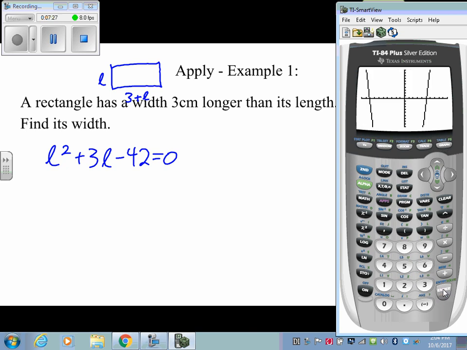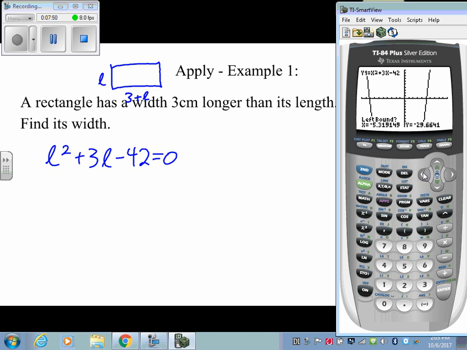Now, I can't see my vertex on this graph, but I can see the two spots where the parabola would be crossing the x-axis, which would be my two solutions or zeros. So I'm going to look for those using second trace. I would like to select choice 2, which is my zeros. Press enter. It asks for a left bound, so I'm going to scroll to the left.